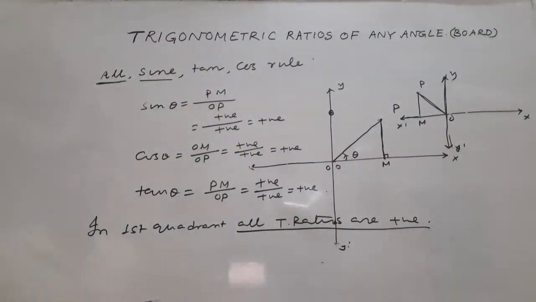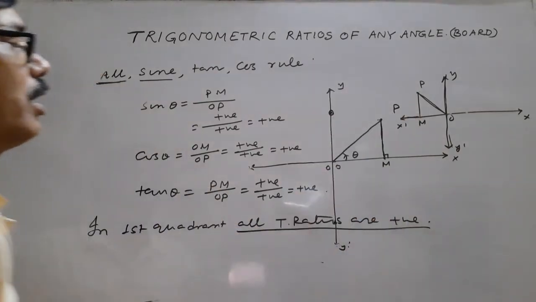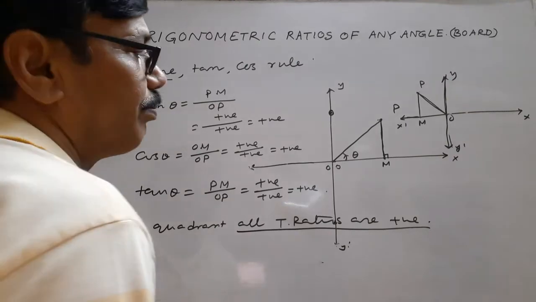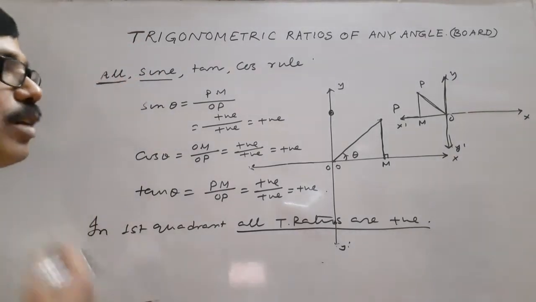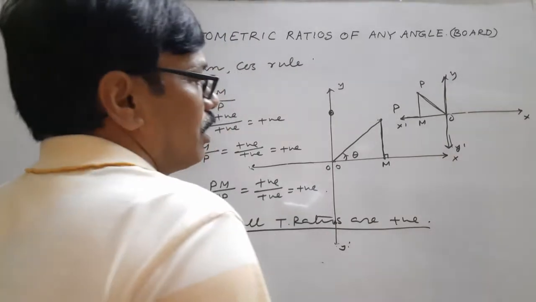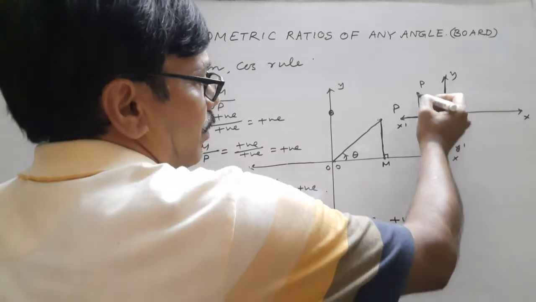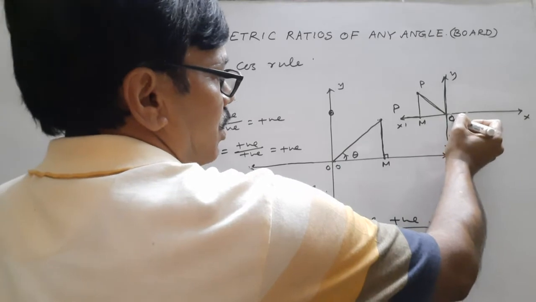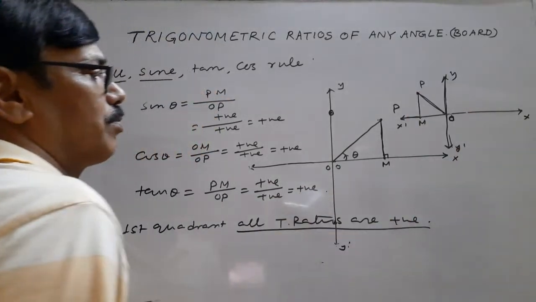So it can be proved that in the second quadrant, sine is positive. Look, sine theta, this is PM, positive, and OP is also positive because this is our assumption.